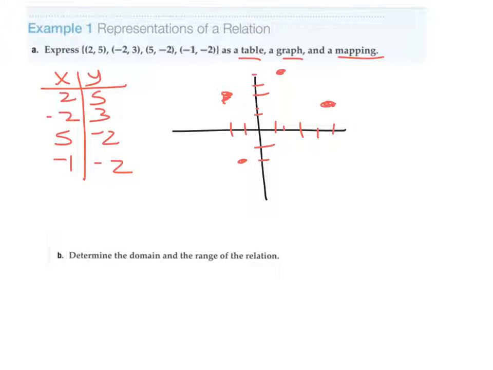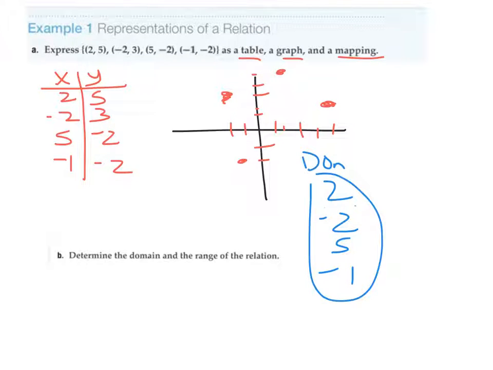And our mapping is simply putting all the x values to -2. Let me draw this a little bit better. 2, -2, 5, -1, and we call that our domain. And then we map it to our range, which are the y values.